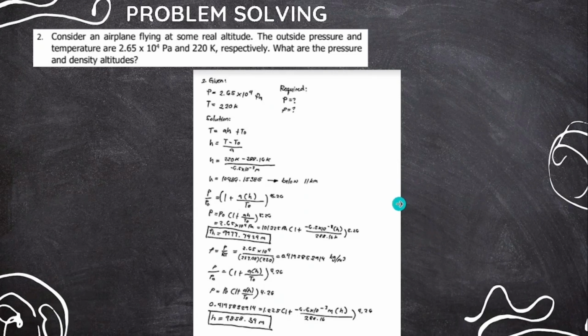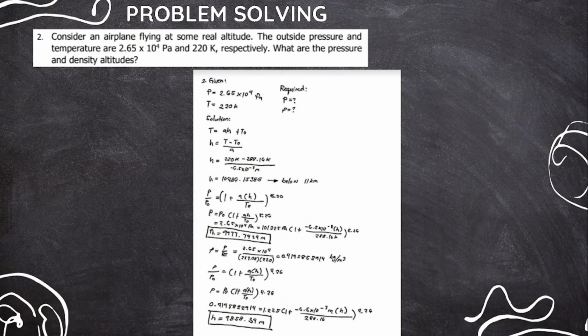Now we are going to find the pressure altitude. We have a formula: pressure over the original pressure is equal to 1 plus aH over the original temperature, raised to 5.26.